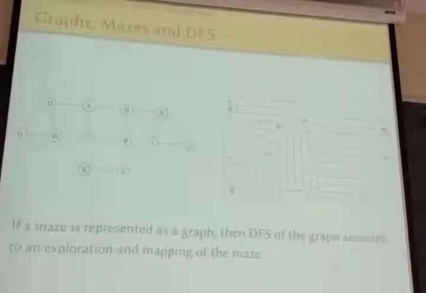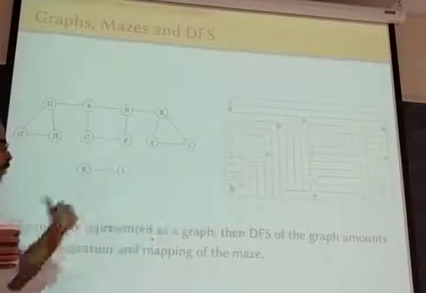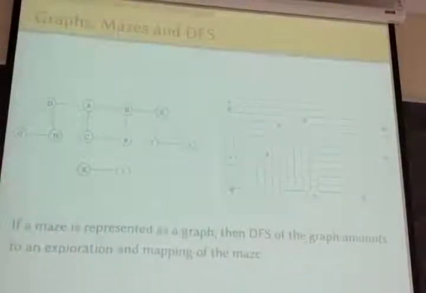It's just an interesting point about how a maze exploration problem could be understood in terms of a graph, and the fact that a depth first search of the graph essentially amounts to an exploration and mapping of the maze, right?